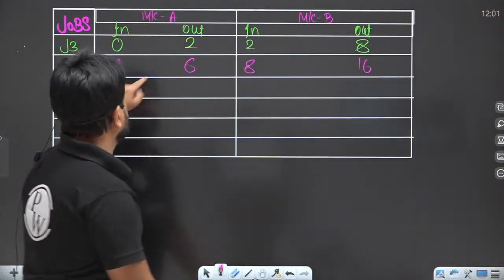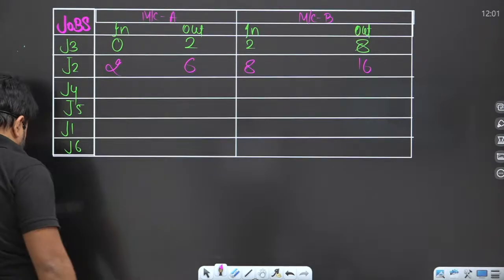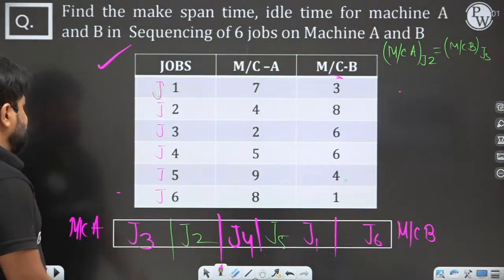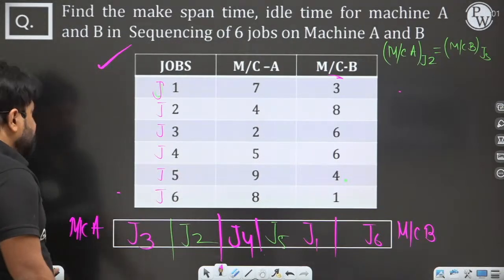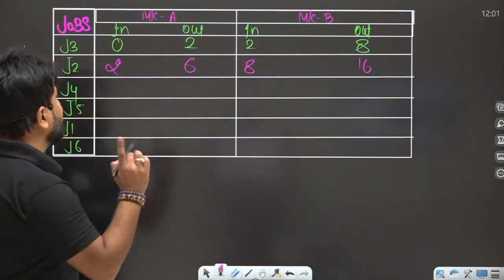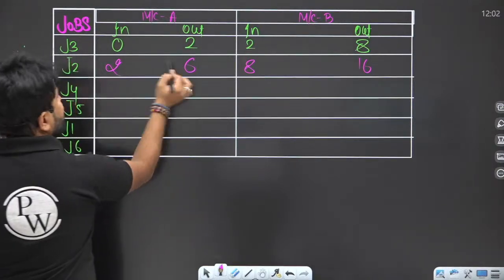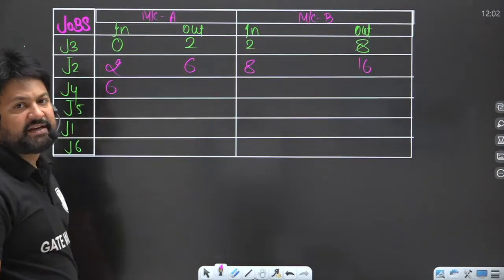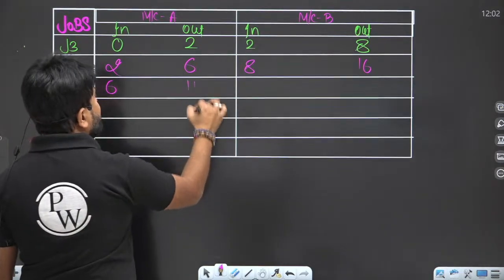Now J4 will be loaded on machine A. J4 has a processing time of 5. Now J2 is unloaded, so J4 will load at 6 and be out at 11.